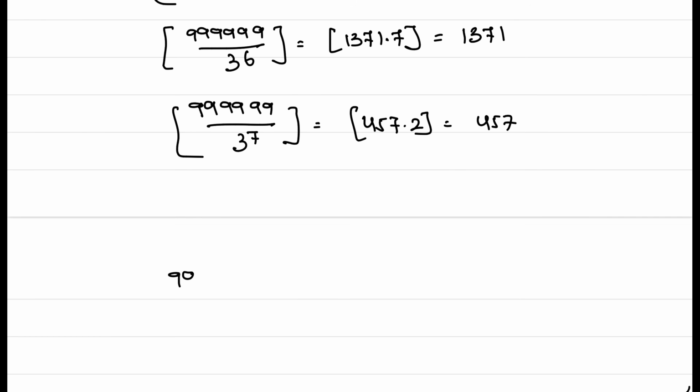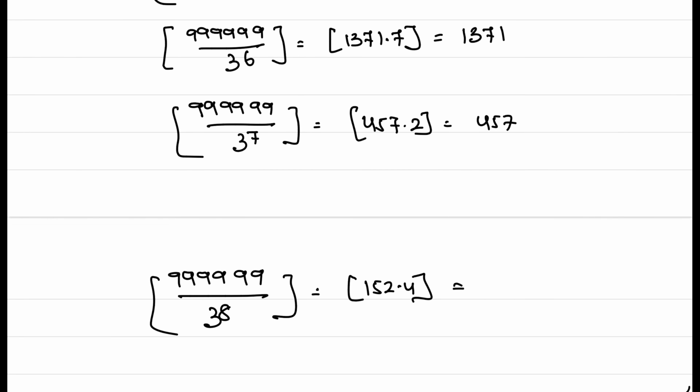Then 999999 by 3 to the power of 8 is equal to 152.4, that is equal to 152.